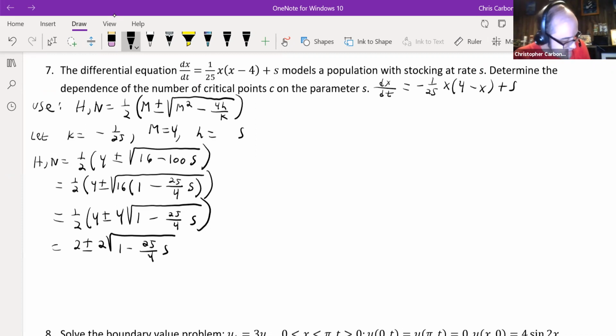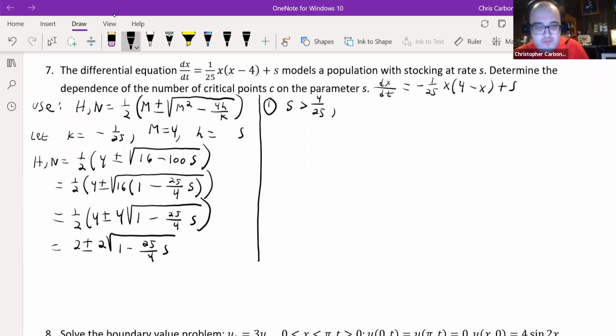So from this, we are going to have 3 cases. Case number 1. This is for values of s being greater than 4/25.